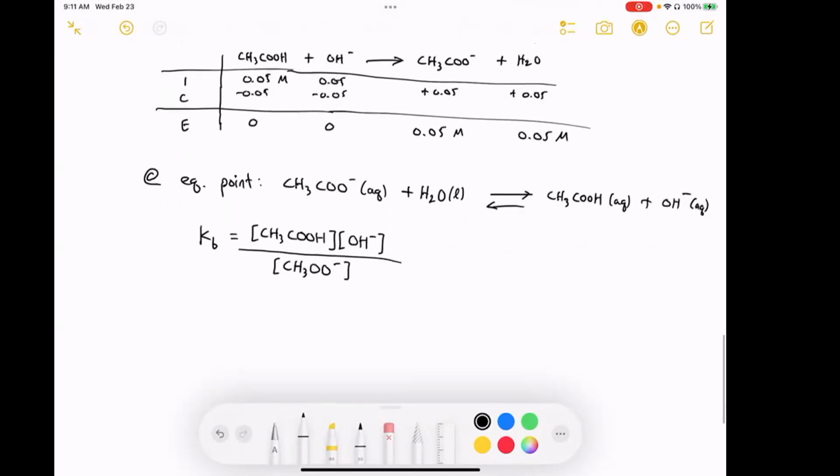So my CH3COOH concentration at start of titration should equal my concentration of my conjugate base, in this case CH3COO minus, which should now equal 0.05 molar.